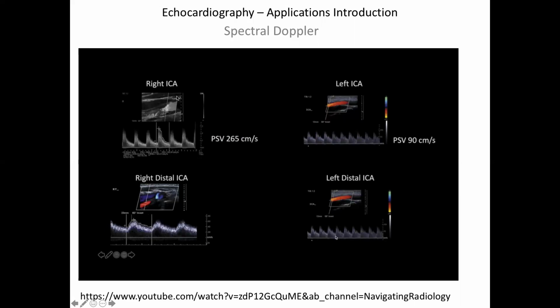And we've put a line through it and measured velocity as a function of time in order to make a quantitative estimate of how the flow is going. And again, it's not just the peak flow, right? Here's the peak systolic velocity in the carotid artery of that blood. On this patient's right side, it's up at 265 centimeters per second. It's pretty reasonable. On the left side, it only gets to 90.